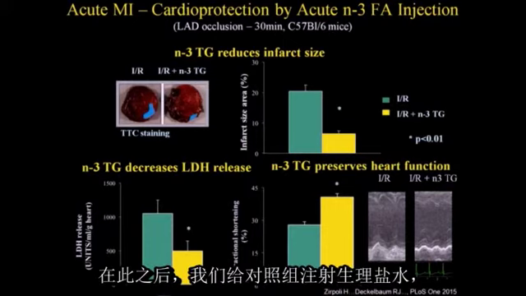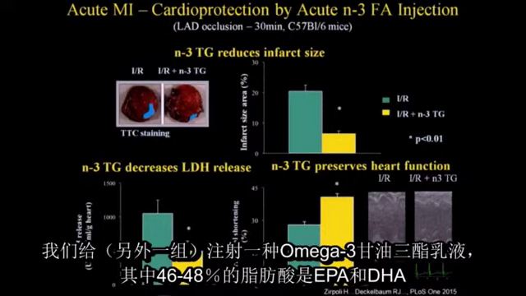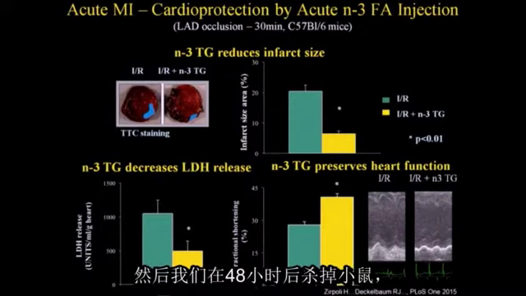And then after that, we inject either normal saline, which is the control here shown in green, or an omega-3 triglyceride emulsion in which 46 to 48% of the fatty acids are EPA and DHA. And then we sacrifice the mice at 48 hours.